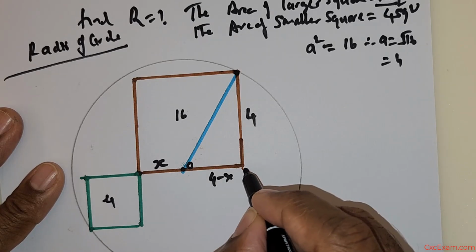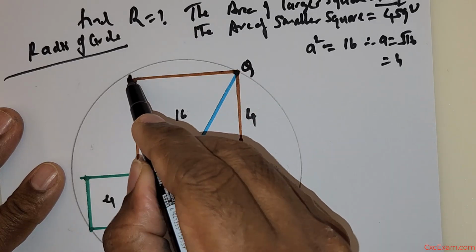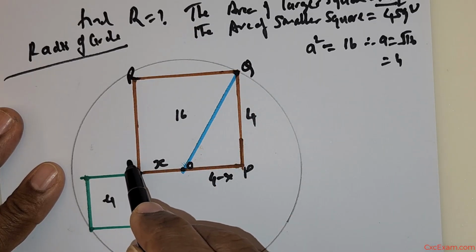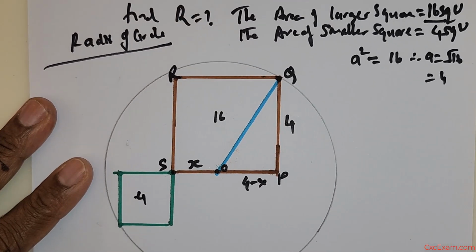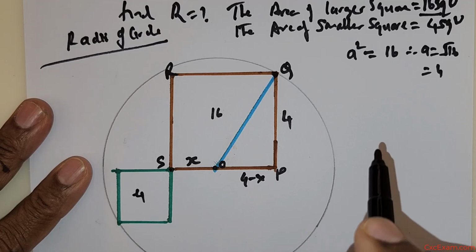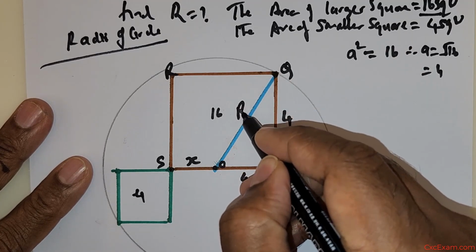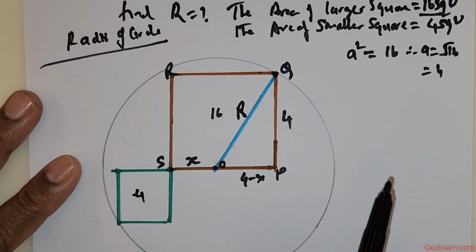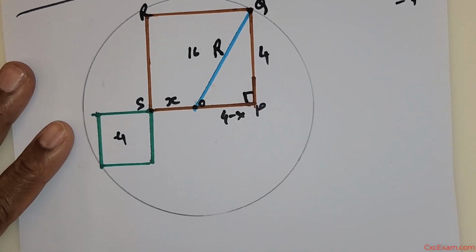So this is O. I'm going to take this as P, Q, R, and this end as S, when it comes to the naming. So this is clearly capital R, radius of the circle. Now this angle is 90, we know that.